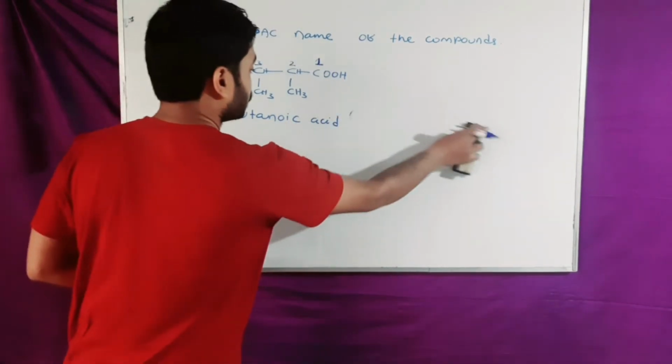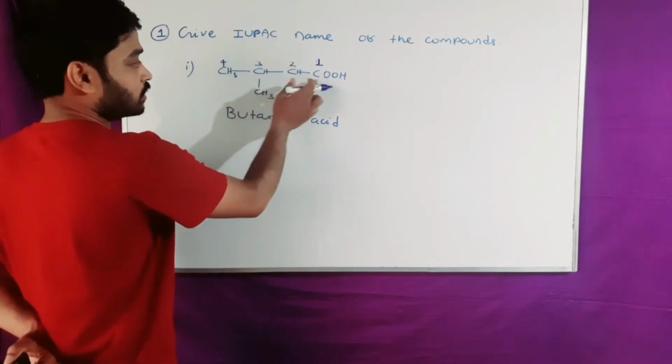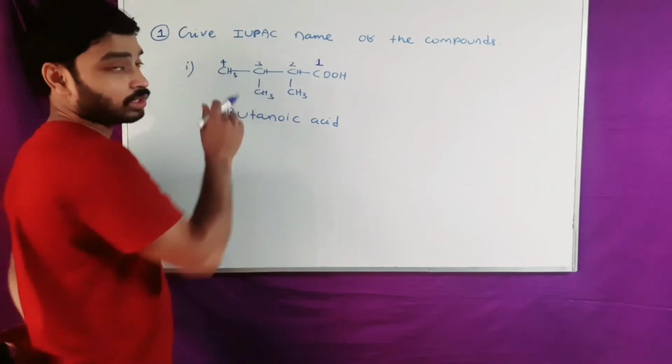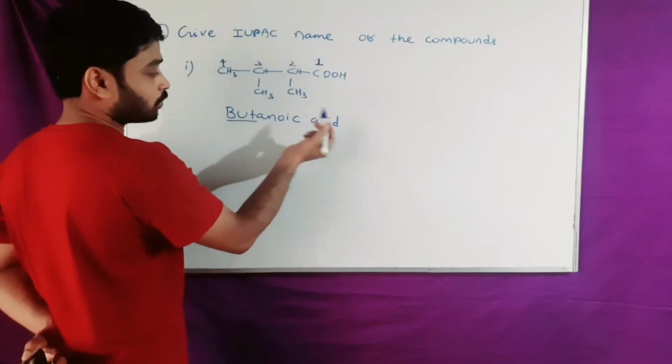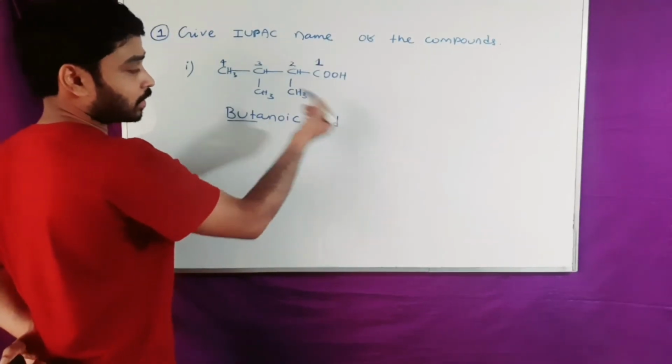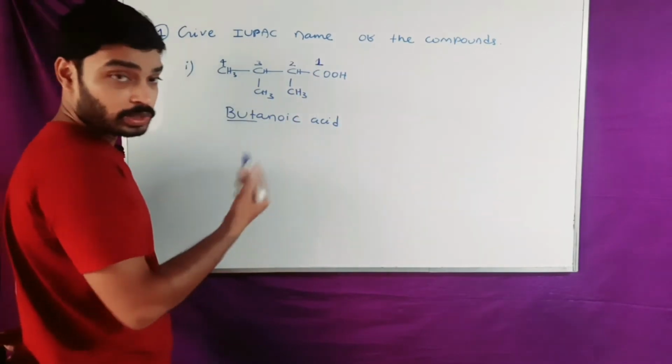Because the parent chain is the longest continuous carbon chain and the 4 carbons are expressed by the word root but, and from the IUPAC name of carboxylic acid, that is alkanoic acid, we have written butanoic acid.